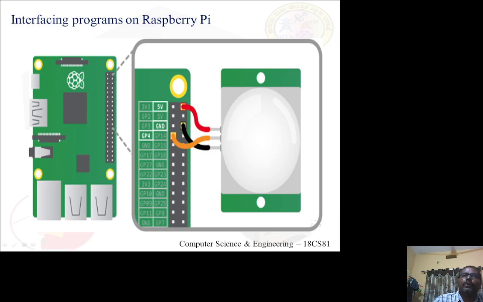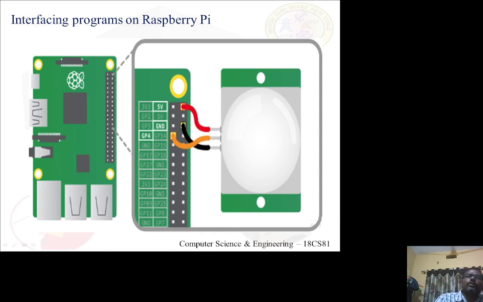I repeat, it is connected to GPIO 4. So GPIO 4, in this case, is to be configured as an input. It's an input to the Raspberry Pi computer.